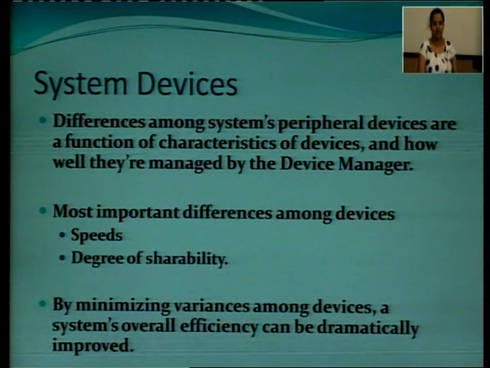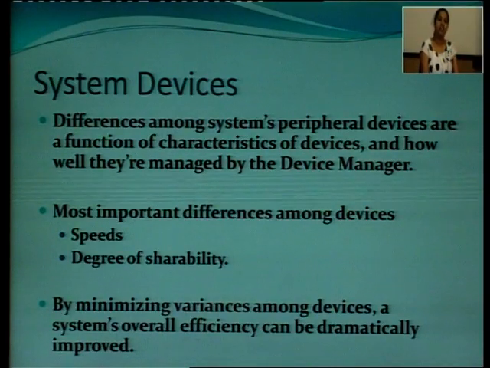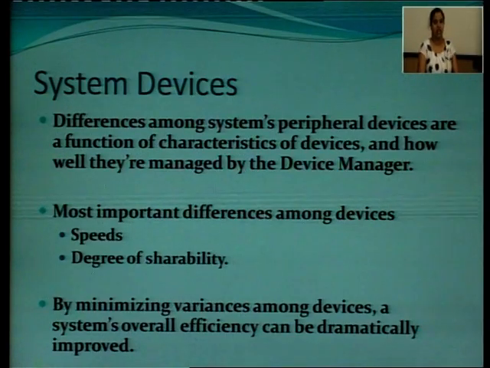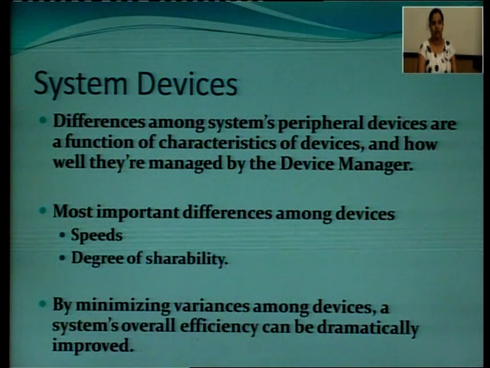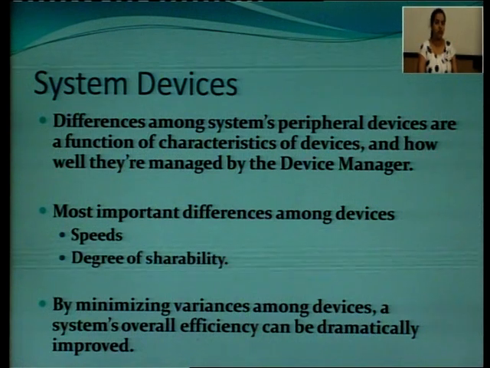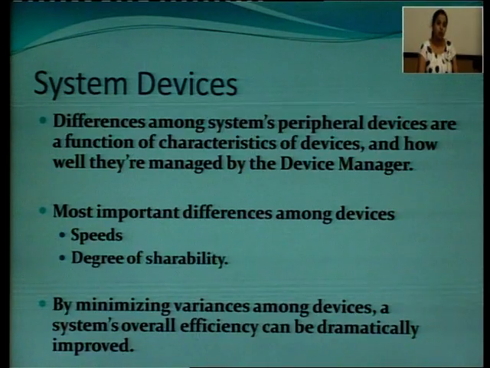And the most important difference among devices is the speed and the degree of shareability. The speed of the device is very important for the operating system to decide how the devices are to be used, and which device should have more priority than another.